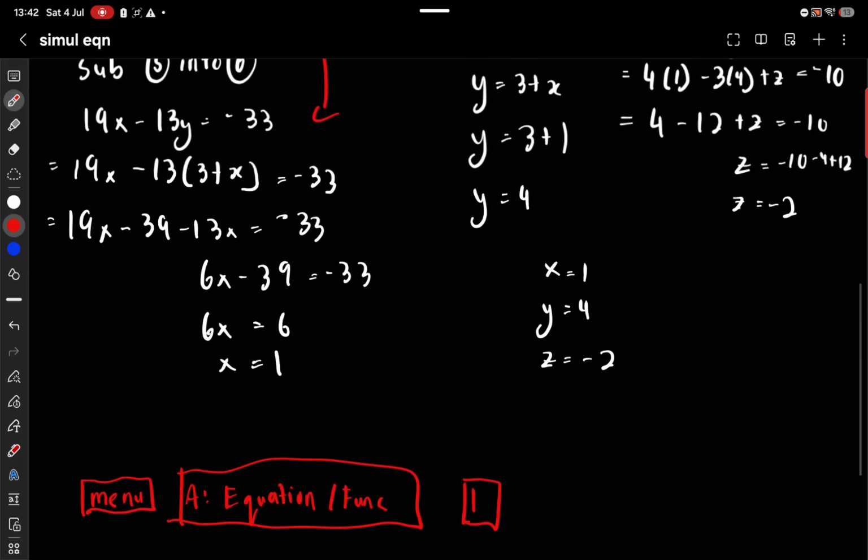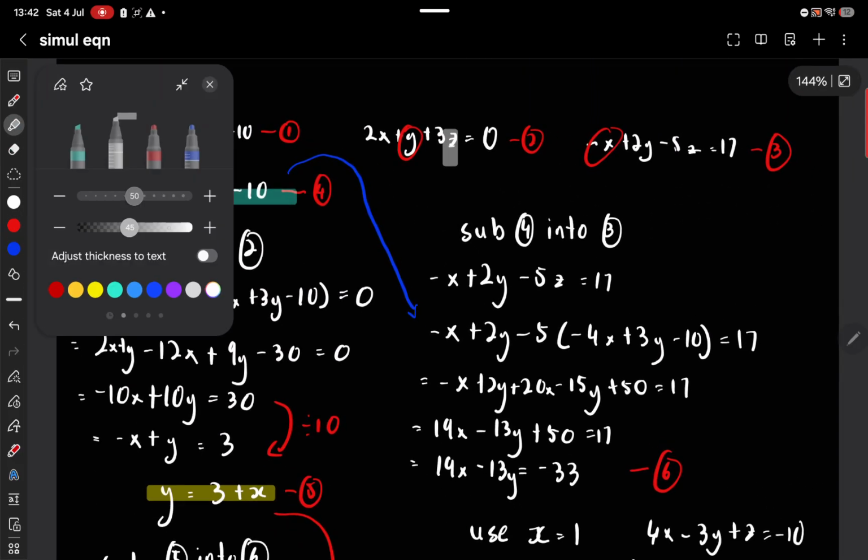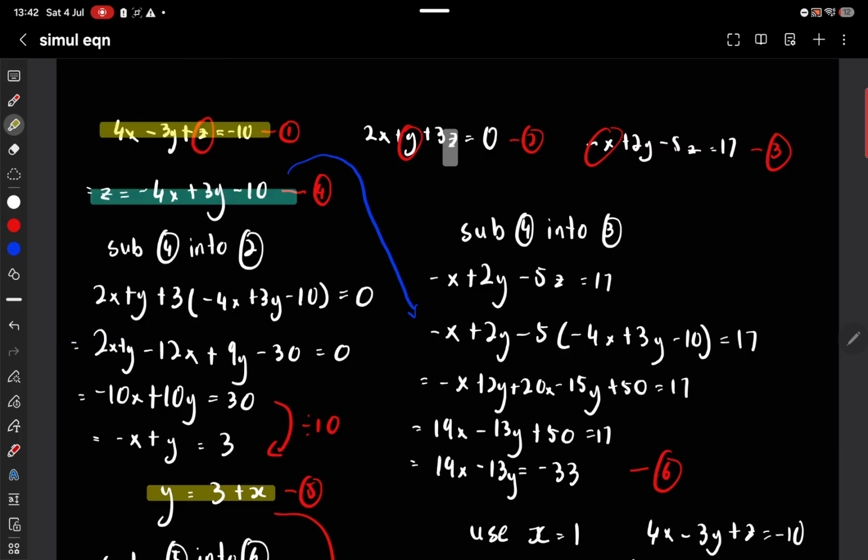And how many unknowns do we have? We have 3, x, y, and z. So we're gonna click 3 because it says select 2 to 4. We're gonna click 3 right there. So our first equation here, we're gonna enter these one by one. So we'll enter 4, negative 3, z is just 1 right there, and then negative 10, and then 2 for x, and then 1 because it's just 1 right there, and then 3, 0, negative 1 because it says negative x, 2y, negative 5z, and 17.